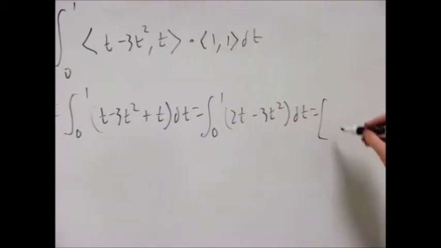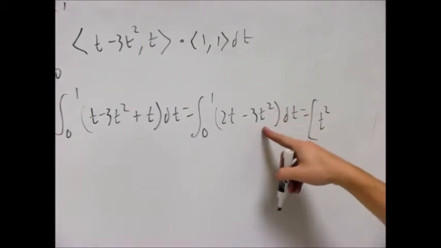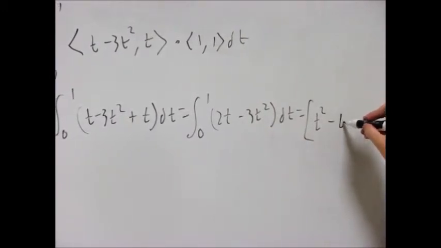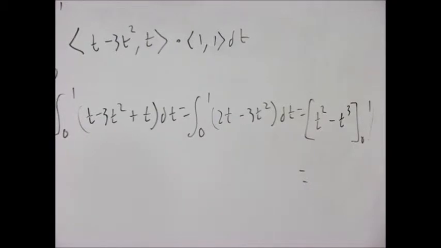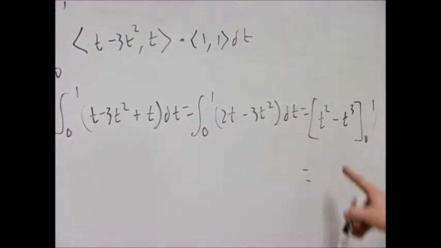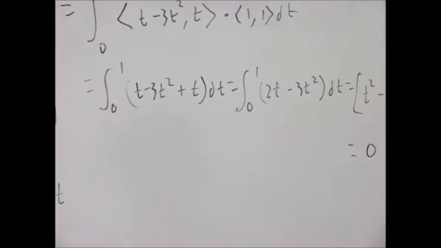Integral of 2t is t squared, and integral of 3t squared is t cubed, which is going to be 1 minus 1, it's actually just 0 in this case.